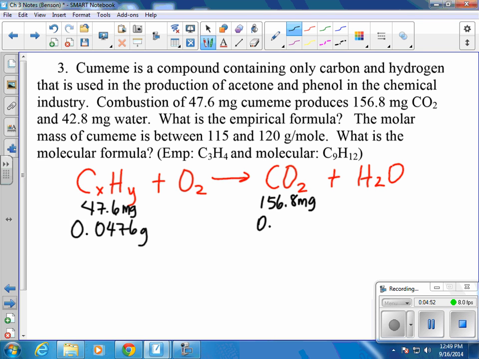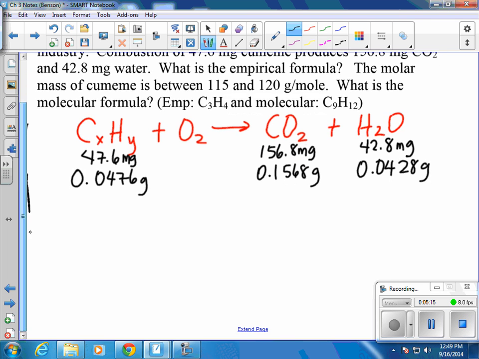Again, divide by 1,000: 0.1568 grams. And then I have water, which is 42.8 milligrams. Again, divide by 1,000, sounding like a broken record here: 0.0428 grams. Okay, so I am trying to find how many carbon and hydrogen atoms are in my formula.